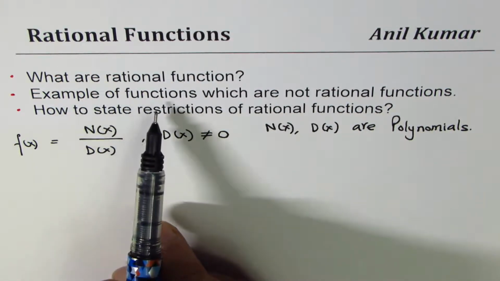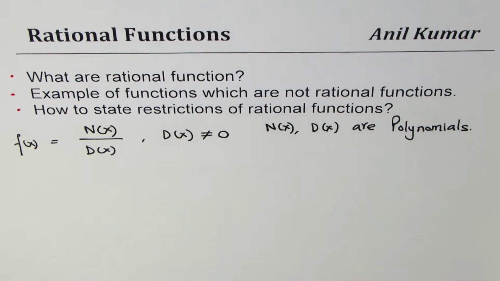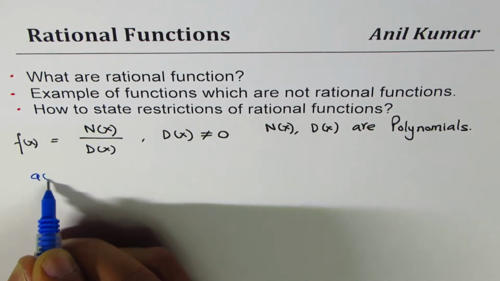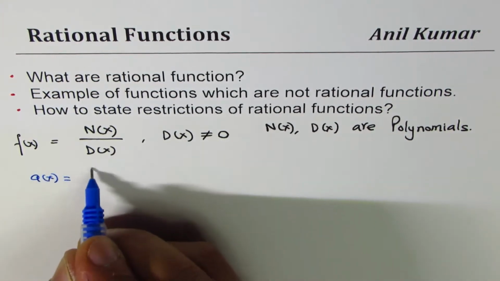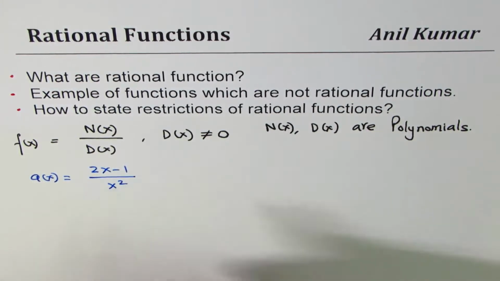Now, examples of some functions which are not rational. So let me do it like this with you. I'll give you a few examples. You just tell me which ones are rational, which ones are not, right? Let us say I write a of x equals 2x minus 1 divided by x squared.